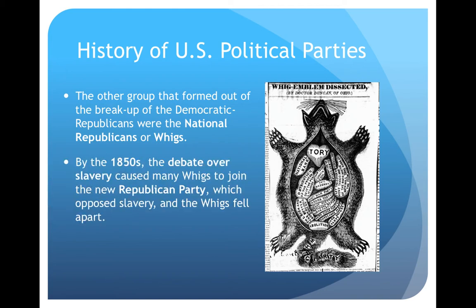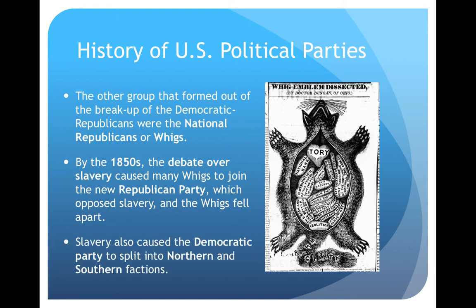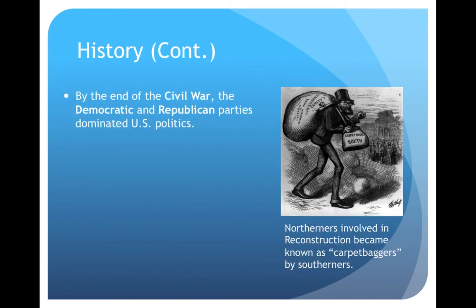By the 1850s, the debate over slavery caused many Whigs to join the new Republican Party, which opposed slavery, and the Whigs fell apart. Slavery also caused the Democratic Party to split into northern and southern factions. By the end of the Civil War, the Democratic and Republican parties dominated U.S. politics.